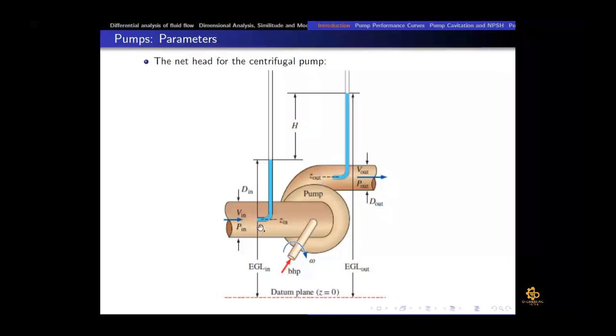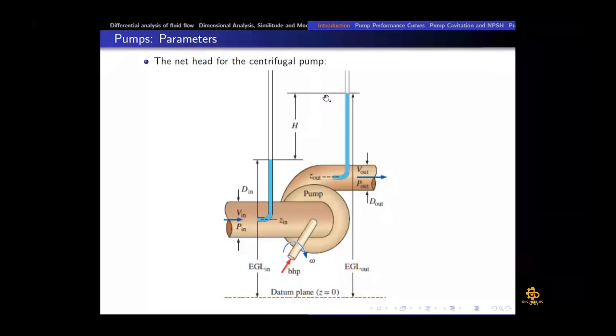From this data point, if we measure the sum of static pressure head plus dynamic pressure head plus elevation head, it would be equal to this. After we go out of the pump, it is increased to this. So the difference is between the energy grade line at the outlet and the energy grade line at the inlet. The net head gained in the pump is just the energy grade line at outlet minus the energy grade line at inlet.